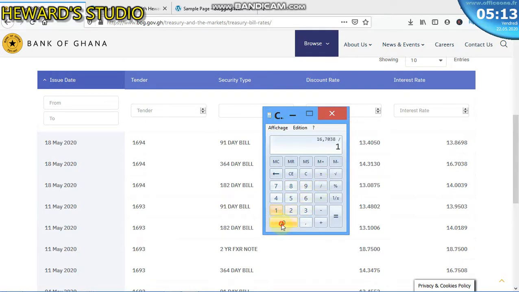Divide the rate by 100 because it is in percentage and multiply by your 5,000, and that will give you 835 cedis 19 pesewas. So if you have 5,000 lying there, you can invest it for a year.